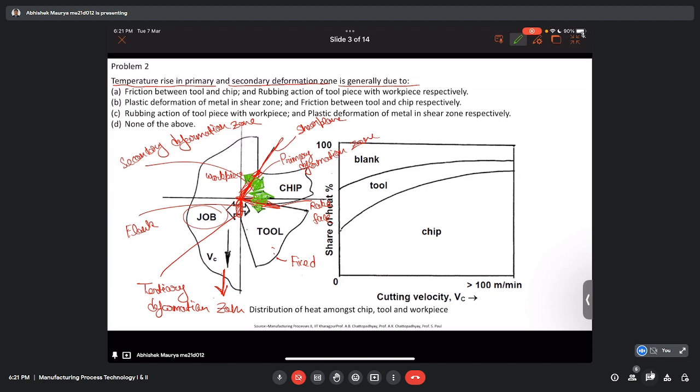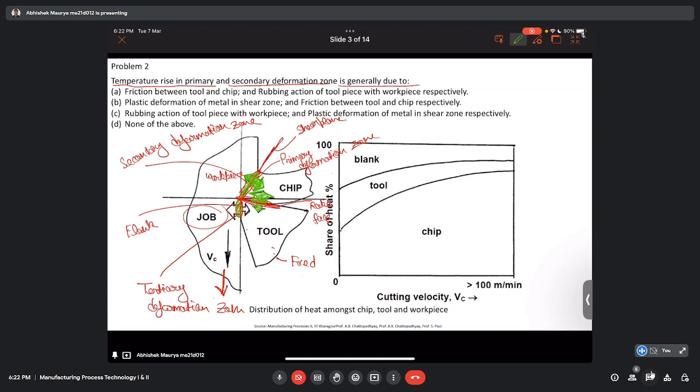And why do you think there is heat? Let's say if we talk about the primary deformation zone, if deformation is happening, why is the heat getting generated? Can you think of a reason why heat is getting generated in deformation zones? It may be the tertiary deformation zone also. Wherever plastic deformation is taking place, heat generation is happening.